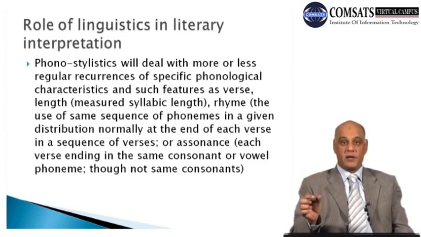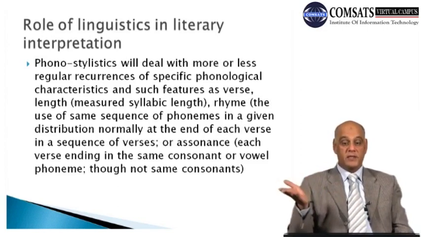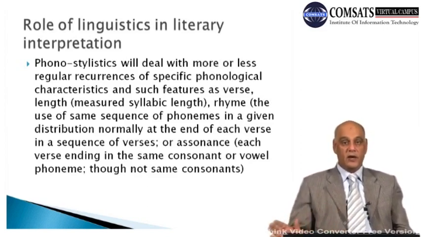Or the assonance. What is assonance? Each verse ending in the same consonant or vowel phoneme. So when you have the same consonant sometimes at the end of each line, that is called assonance, though they may not be the same consonants, but different phonemes.